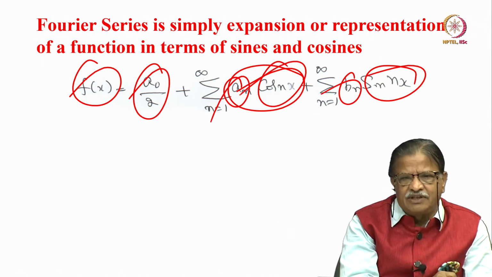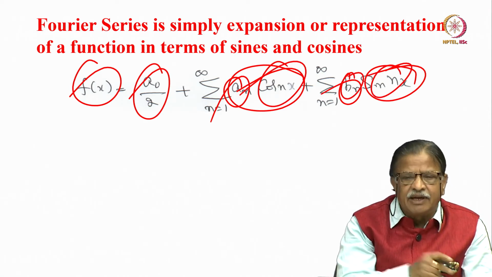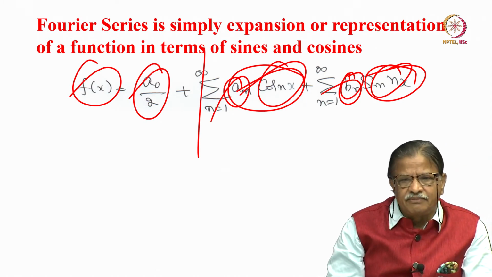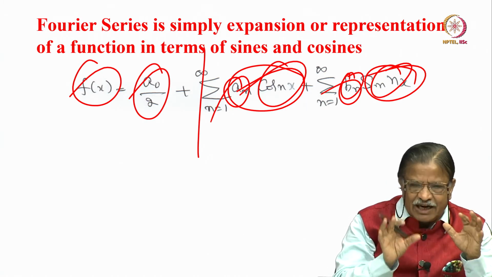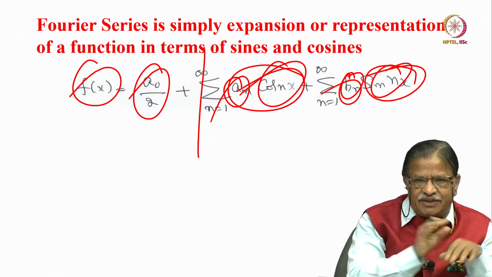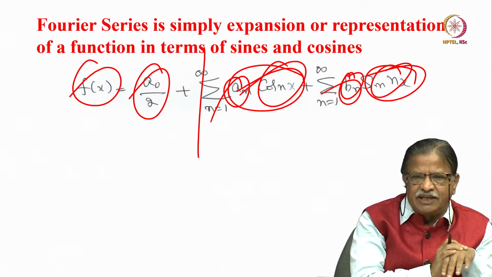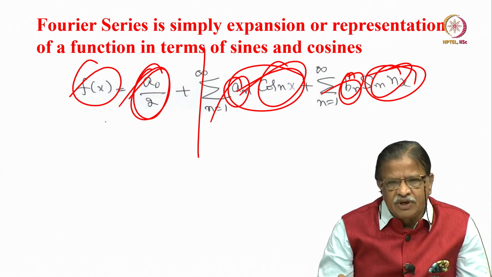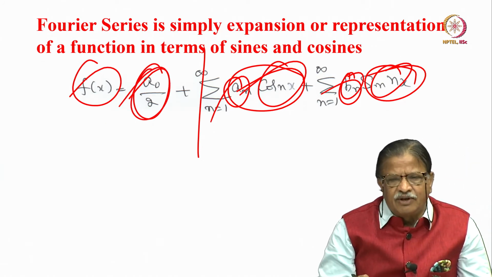Coefficients of the cosine functions are an, coefficients of the sine functions are bn, and the summation is n equal to 1 to infinity. This is the general representation of the Fourier series, where we are expressing the terms in sines and cosines with a0 by 2 as the first term. So, the summation starts from n equal to 1 to infinity.